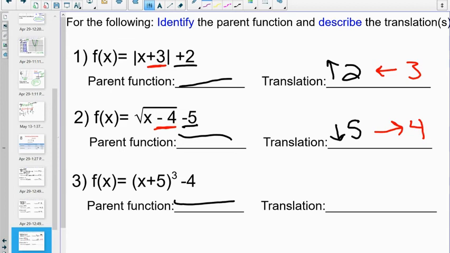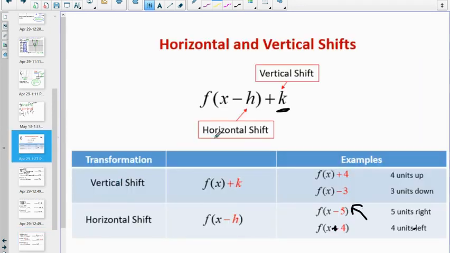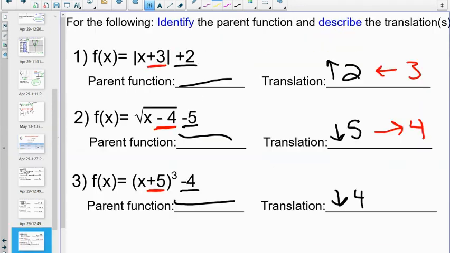And last but not least, on the outside of the parentheses of the cube, we have minus 4. So going down 4. And this plus 5, that's your h value. So remember back to here, we have our h and our k. So our h is that 5, and since it's positive 5, it's going left.